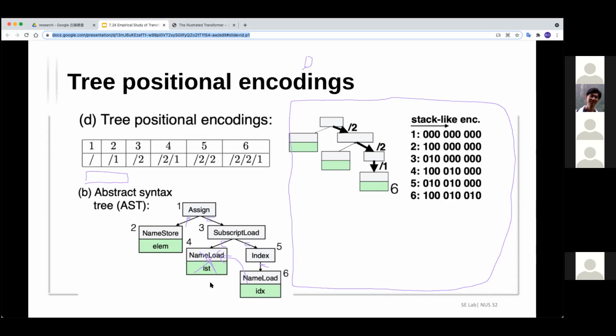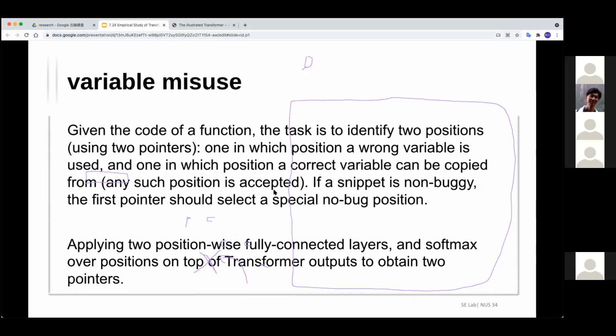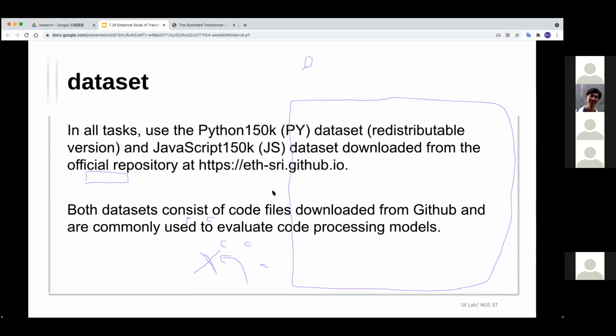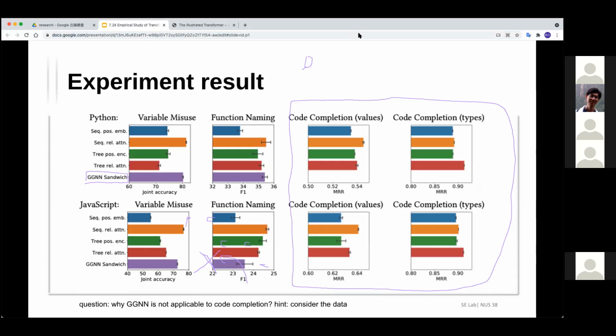Okay, let's keep going on to see more of the results. And what does this empirical study tell us? In this experiment result, you can see that if you use the tree information, meaning the AST tree information, in the variable misuse task, the performance is not quite effective.